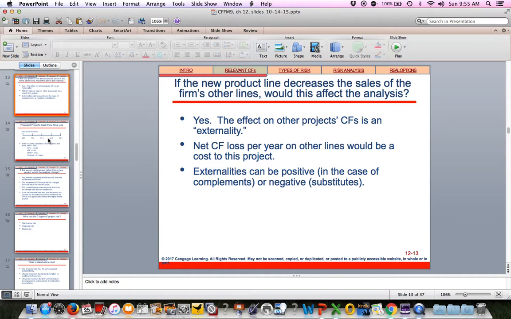So you're going to rob sales from your existing store, but the point is the new sales are big enough to handle that and make the project a positive cash flow. And you're not going to build a new store unless you take that into account. You can have positive complements too. The book gives a good example of iTunes with the iPhone and the iPod. iPods, when they first launched, became very popular because of iTunes and the ability to buy music online and put it on your iPod.